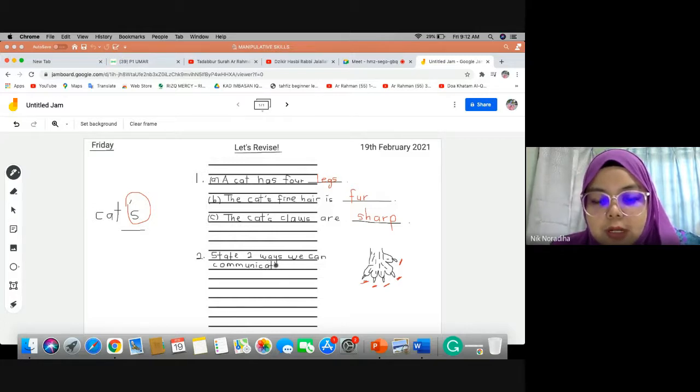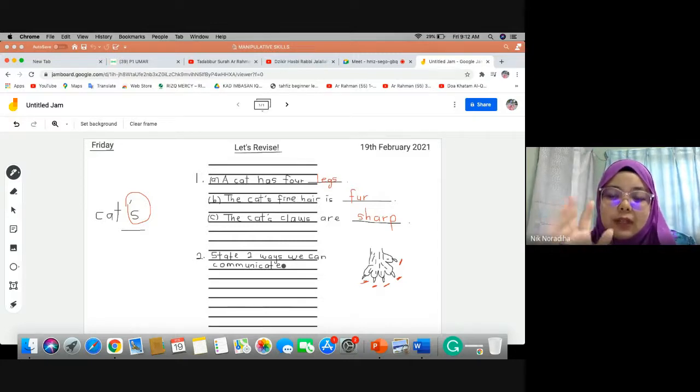Okay, so actually for P1, after 9 a.m. it's time for your individual self-learning, alright? So later, after you are done with the activity in your book, you can open your Seesaw. Teacher has already prepared the activity for your individual self-learning.